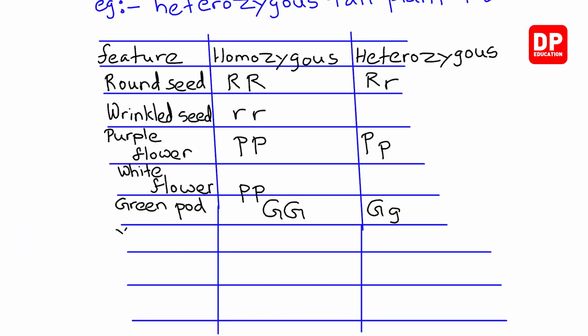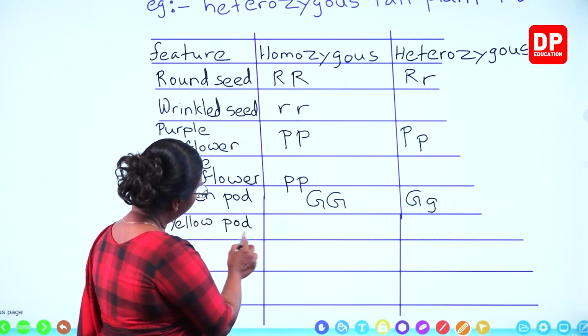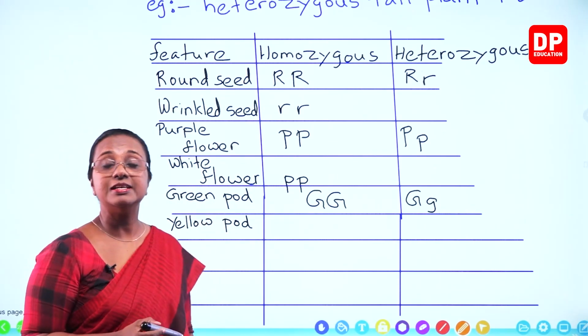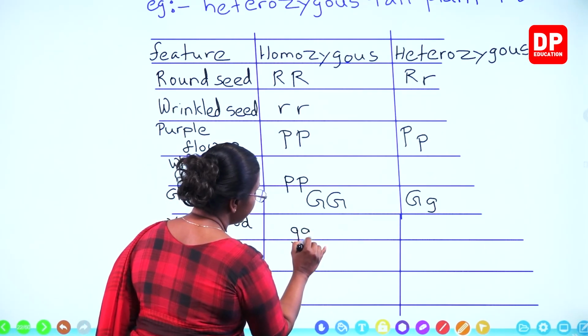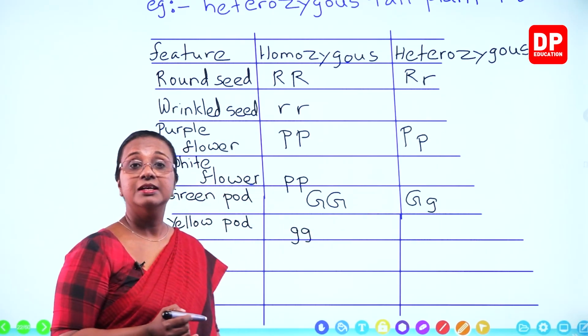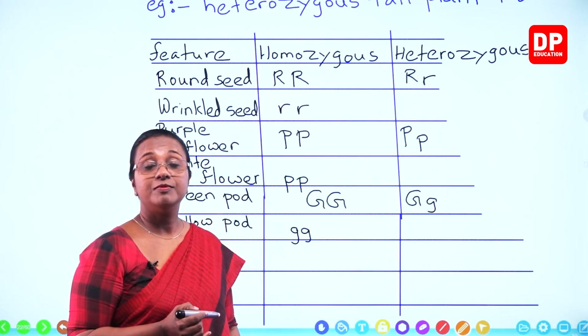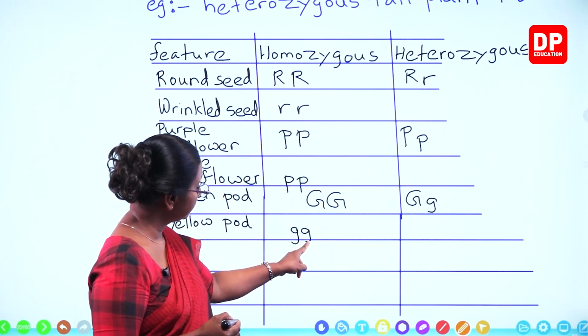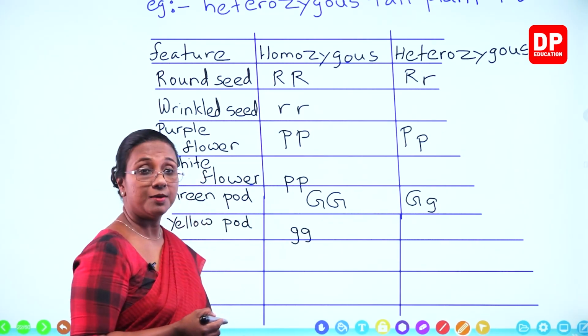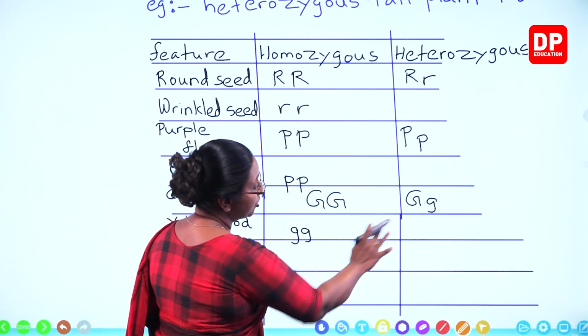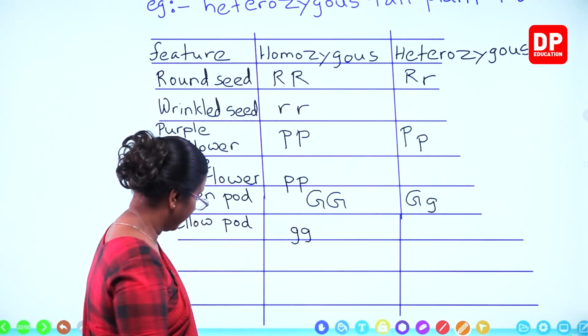Whereas we have the yellow pod. Yellow pod is the recessive character, so we have the simple G, homozygous recessive character, that is when the color of pod becomes yellow. This also does not have a heterozygous thing.